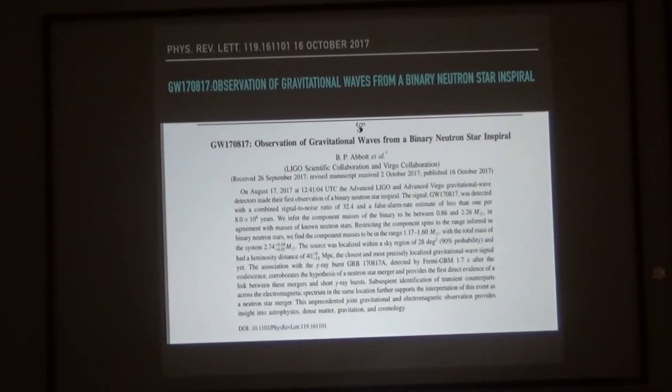This is the title of the paper that came out in the middle of last month. The actual observation was just before the eclipse. I know what I was doing, and apparently some of the people involved in this work were also preparing for the eclipse, and this was happening around that time.